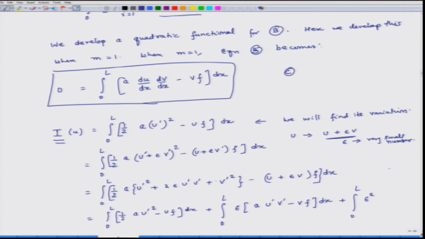There is one thing, epsilon square is also going to be here, right.